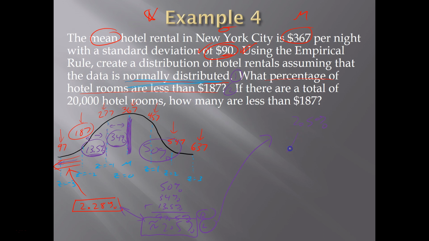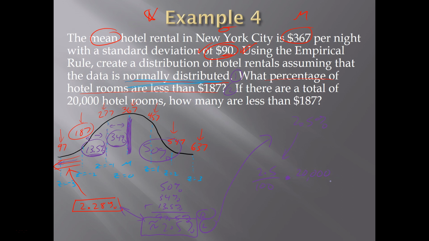So that 2.5% really means 2.5 out of 100. Remember, percent always means out of 100. Now I'm going to multiply. Remember, it's percentage of the 20,000 rooms. In math, of means multiply. So 2.5% of means multiply the 20,000 hotel rooms.